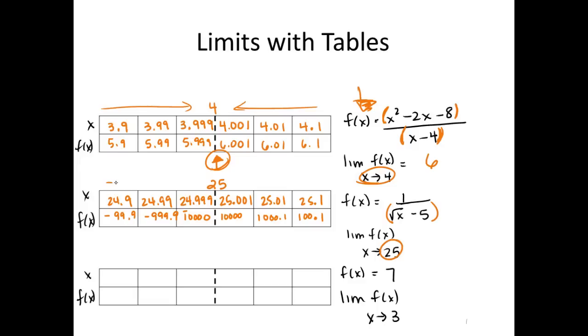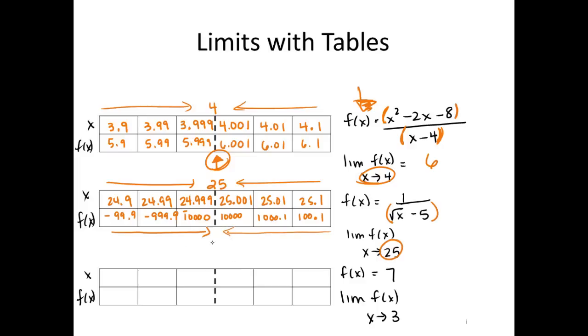Alright, so as our x values are approaching 25, we notice something interesting happening with my y values, my f of x values. So I say, well, these are getting really small. In fact, they're going closer and closer. I don't know, they're getting really big, but in the negative direction. But on the other side, these are going towards the positive direction.